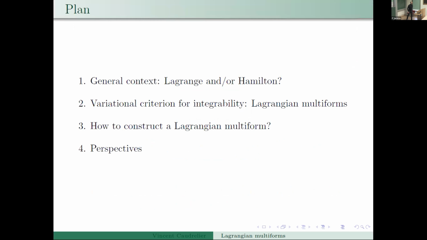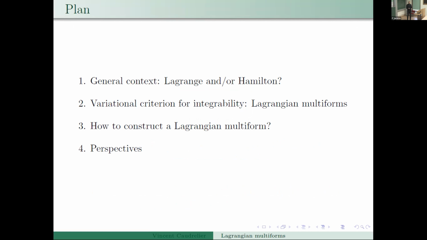Because it's quite new, the idea is actually to look at some of the foundations of our beloved area, which is integrable systems. I'm going to start from scratch, Hamiltonian and Lagrangian mechanics, and bring you to the question, the problematic, and then show you some of what we've done. So that's part 1, the general context. Then the key idea to answer the key problem.